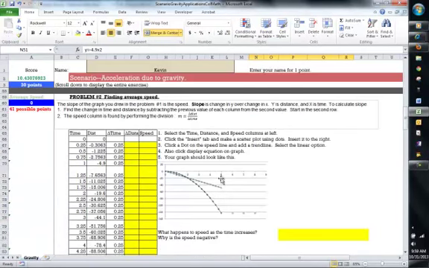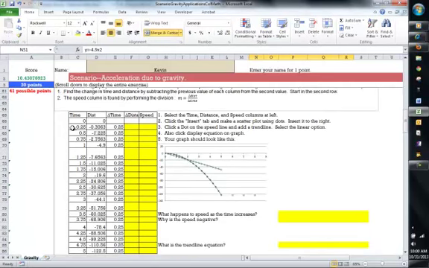Let's graph the speed. Okay, speed is the slope of the graph. Slope is the change in y over the change in x. Well, if you notice, the time is a quarter second for each one of our distances. So the change in distance is the distance subtract the previous distance.